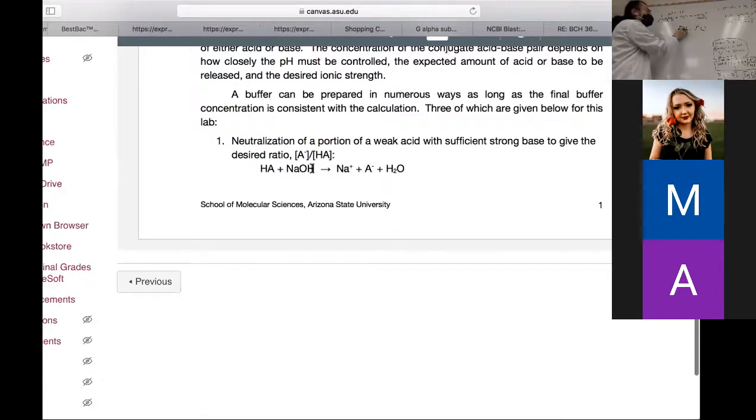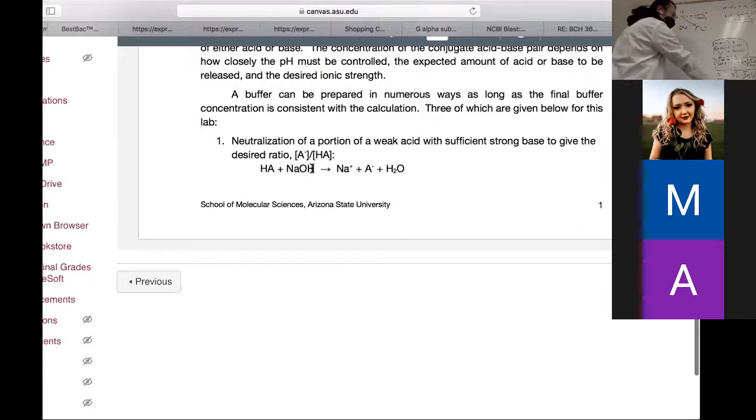You need to consume this amount of strong base to generate this amount of weak base. Does that make sense? Because the ratio of each component is 1 to 1 to 1 in this equation. So you produce this much, you consume this much. That means you just need this amount of strong base.